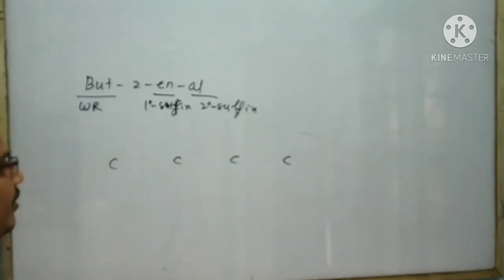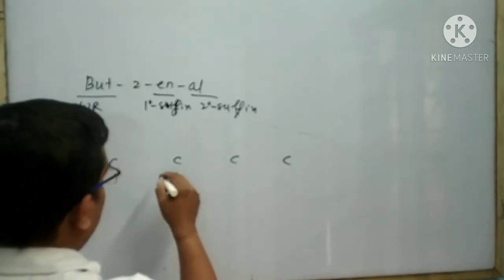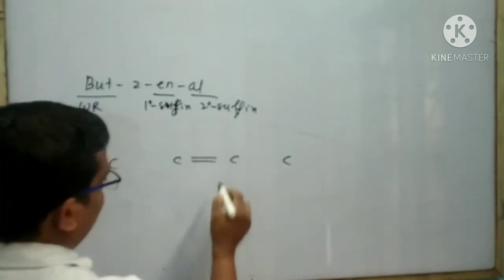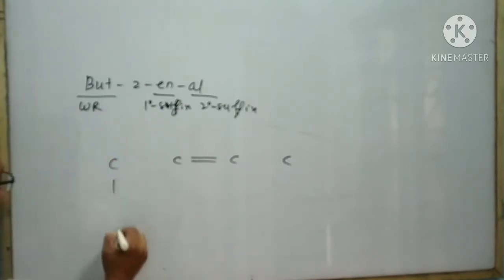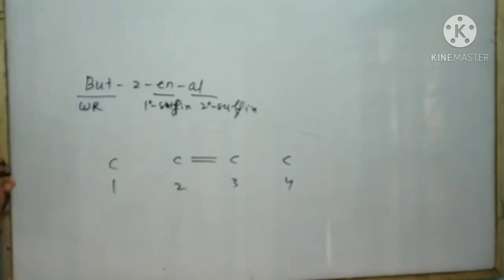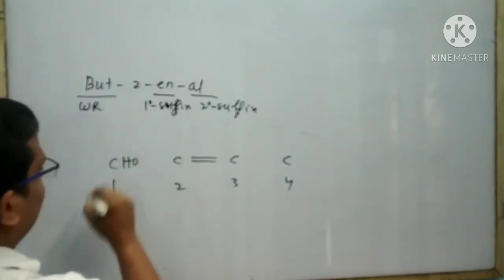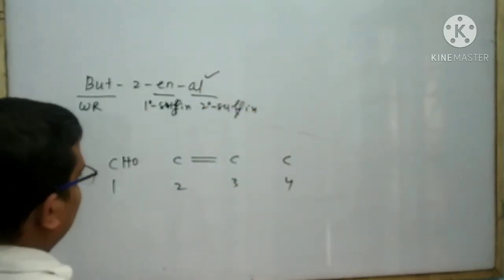From the primary suffix it is bound to give a double bond in between the number 2 carbon and number 3 carbon atom. Suppose this is your number 1 carbon, this is your 2, this is your 3, this is your 4. Then it is bound to write your CHO because al is present as a secondary suffix.